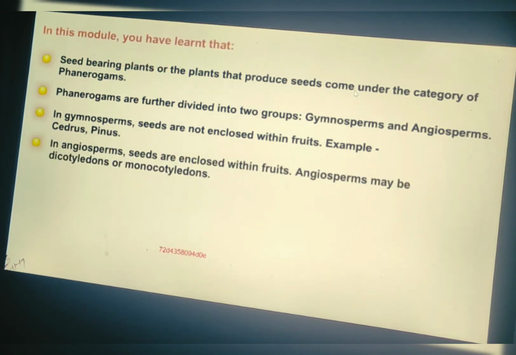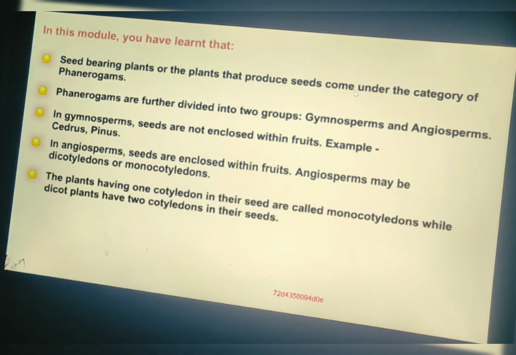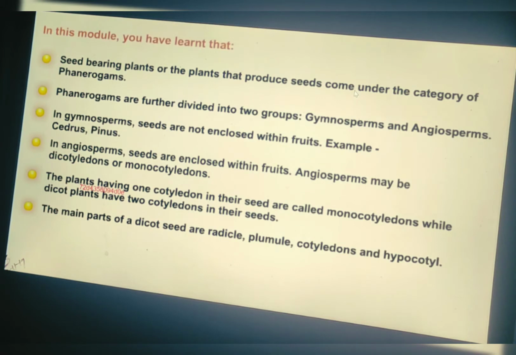In angiosperms, seeds are enclosed within fruits. Angiosperms may be dicotyledons or monocotyledons. The plants having one cotyledon in their seed are called monocotyledons, while dicot plants have two cotyledons in their seeds. The main parts of a dicot seed are radicle, plumule, and cotyledons.